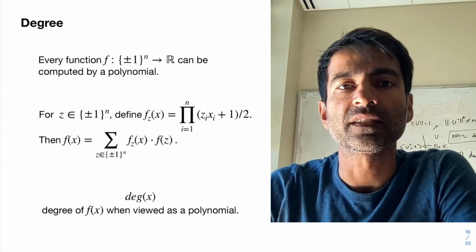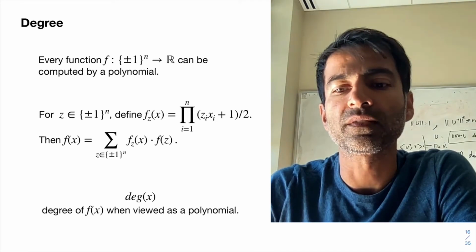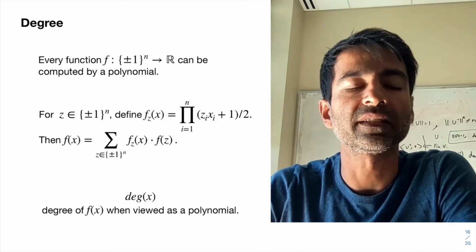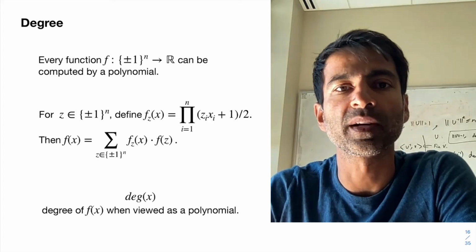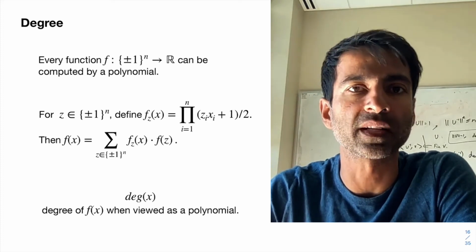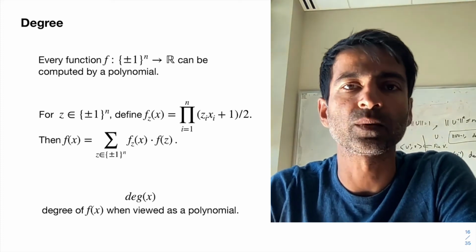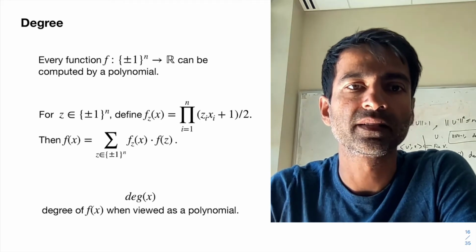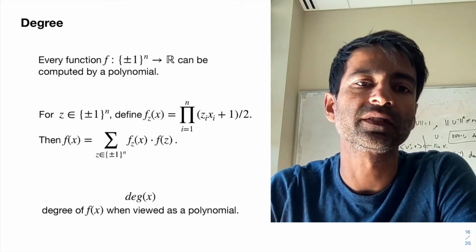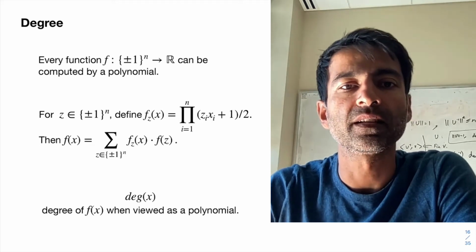If you have a polynomial and you have x1 squared, for example, then because x1 is either plus or -1, x1 squared is always equal to 1. So you can just replace x1 squared with 1, and you obtain a new polynomial that's even simpler and computes the function.